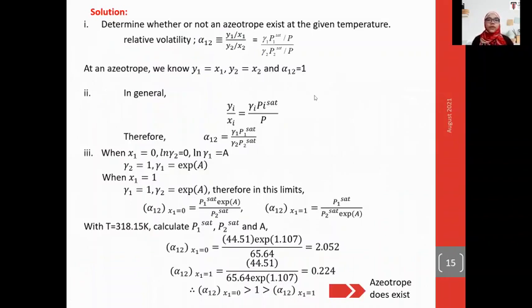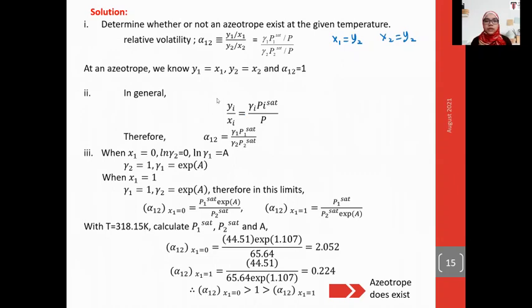Okay, to solve this, determine whether or not an azeotrope exists at the given temperature. So using this relative volatility, since we know that in an azeotrope we have the same composition for both liquid and vapor.